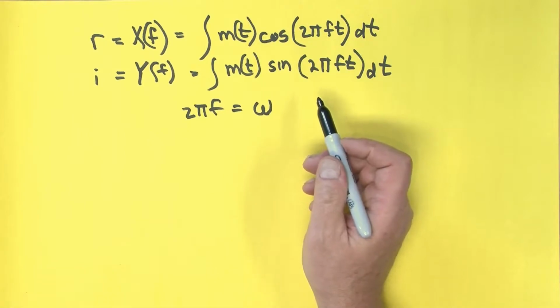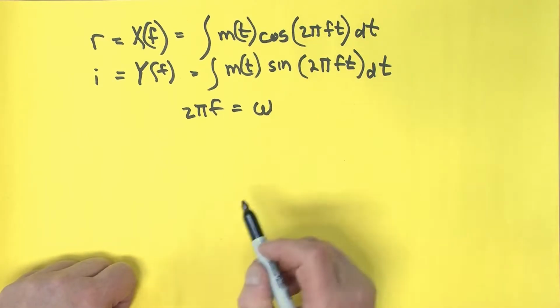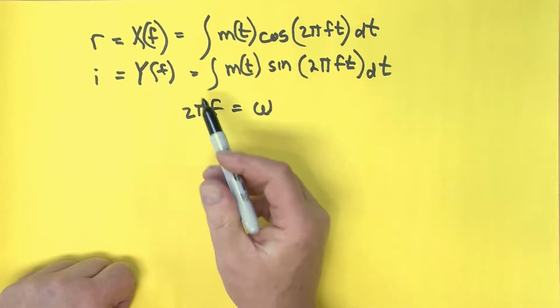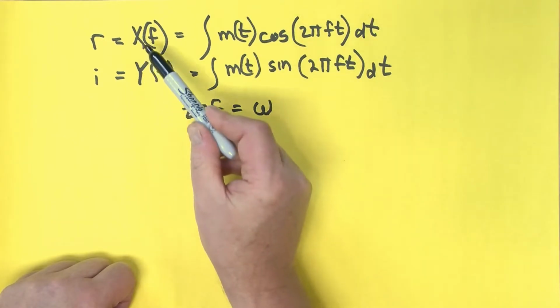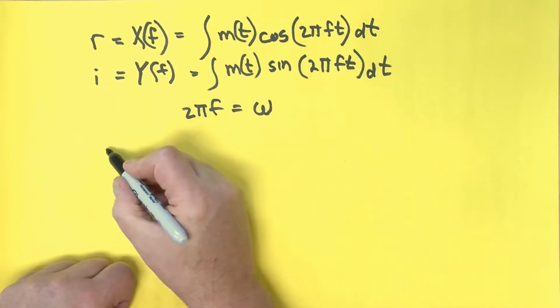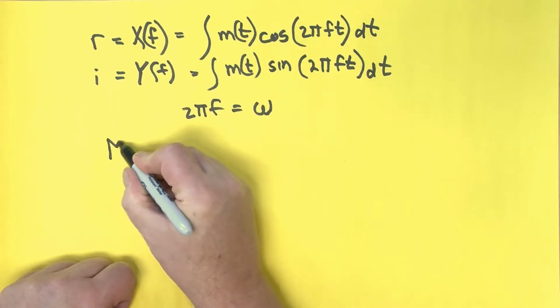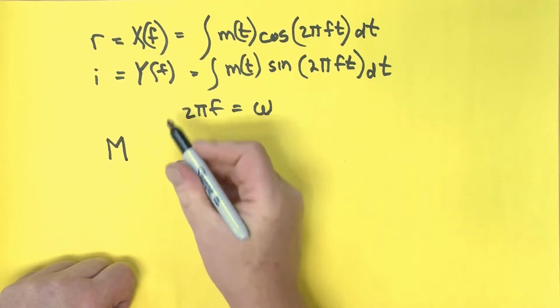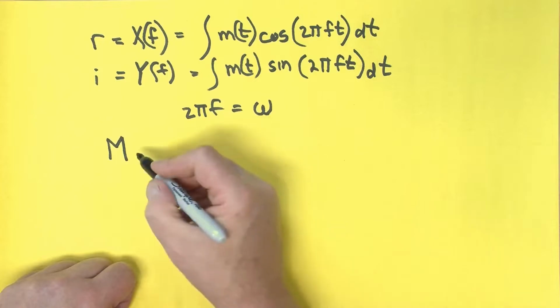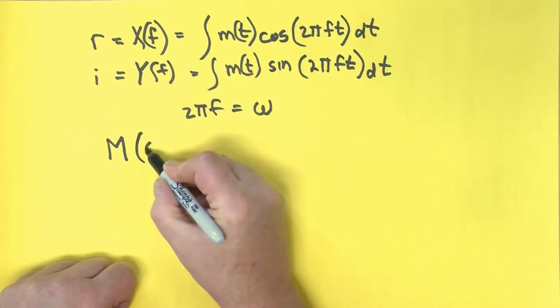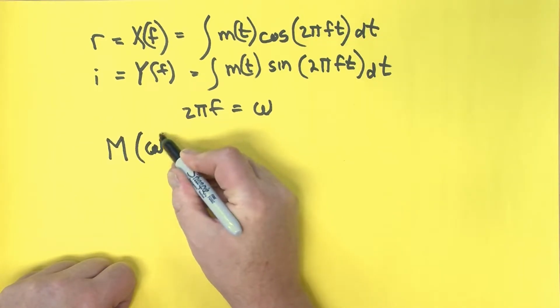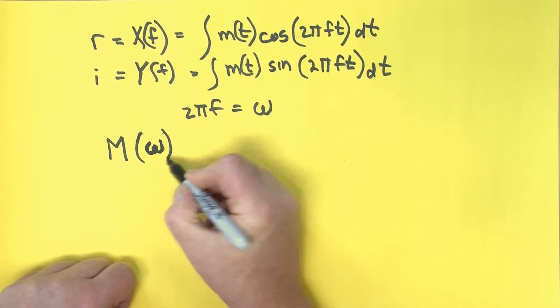So that's what we're going to do, and the way we're going to do it is we're going to take x and y and we'll combine them and call them M, uppercase M, and instead of f we're just going to say M of omega. That was poorly drawn, but it's going to have to be good enough.